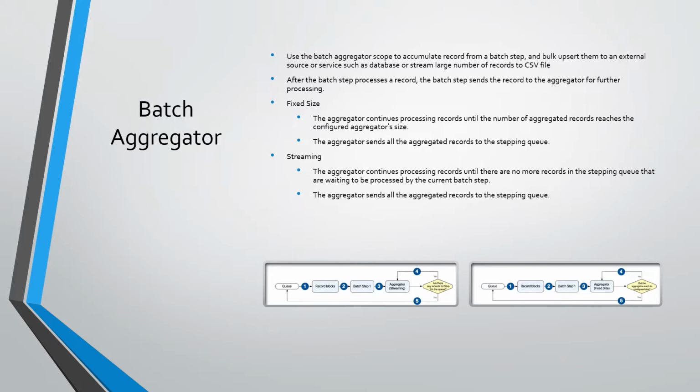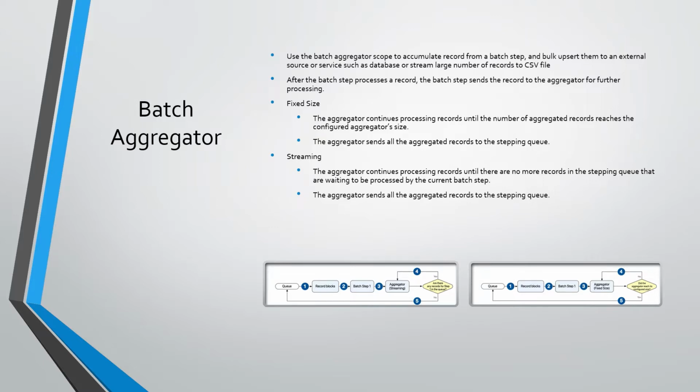But to explain how Mule batch processing works with an example, suppose you want to process records and write those records to a CSV file. Mule will get that payload, break it into records, and save those records in a persistent queue.